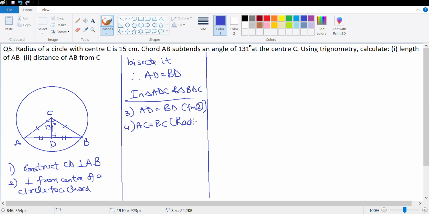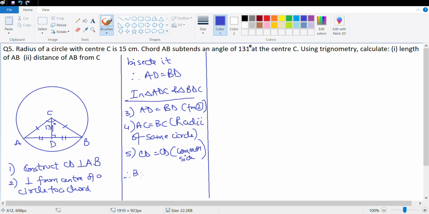This is radii, double I, not triple I, radii of same circle. And next is CD is equal to CD. This is common side.